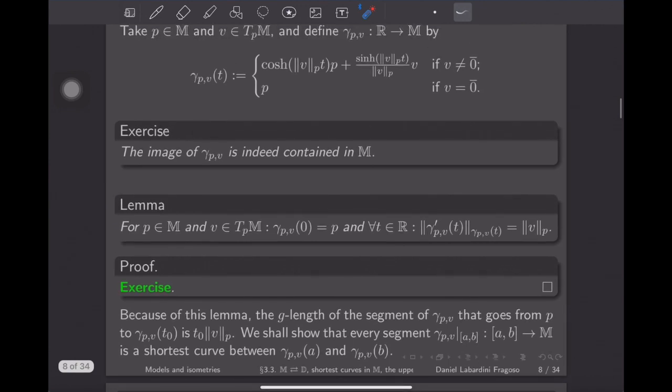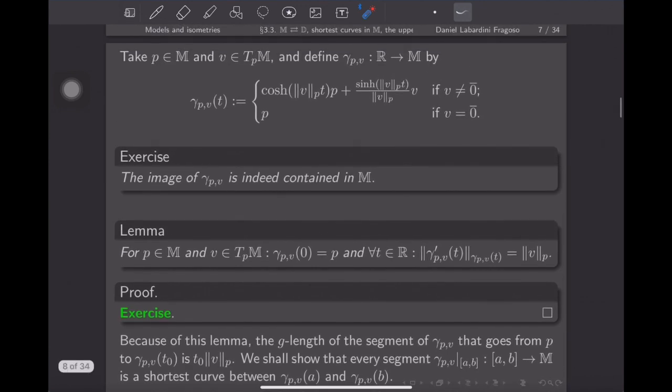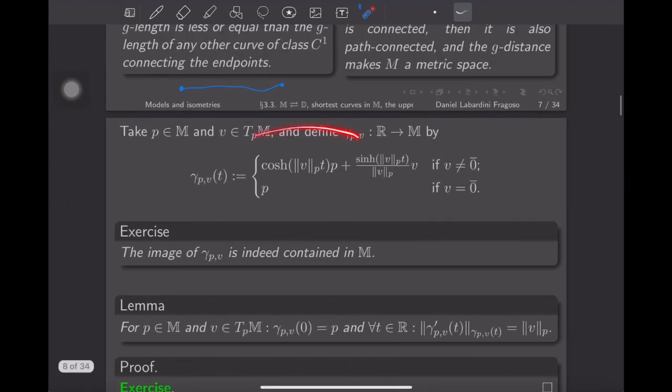But that alone doesn't mean that this is a shortest curve. For instance, consider the unit circle, parameterized with the usual cosine and sine. The rapidity is constant, equal to 1, because the derivative of cosine is minus sine and the derivative of sine is cosine.